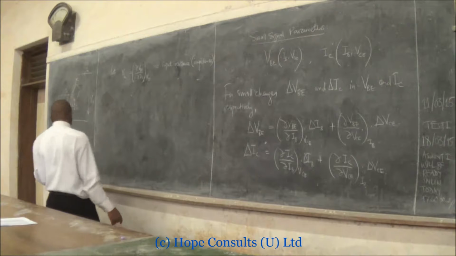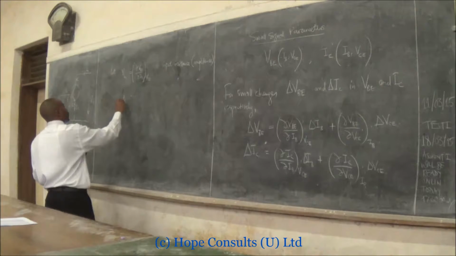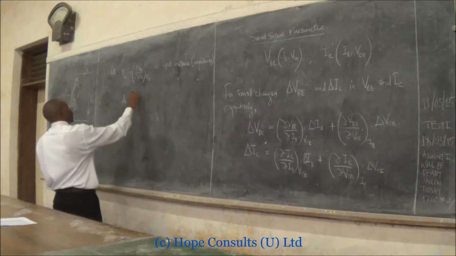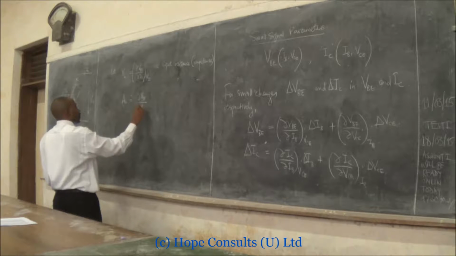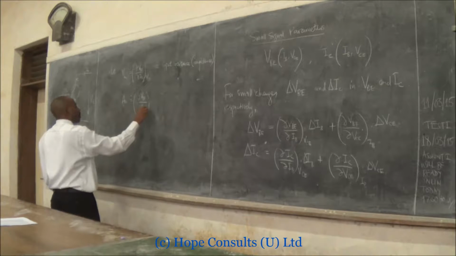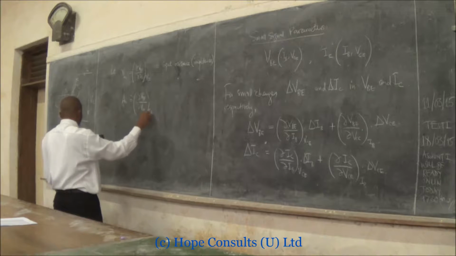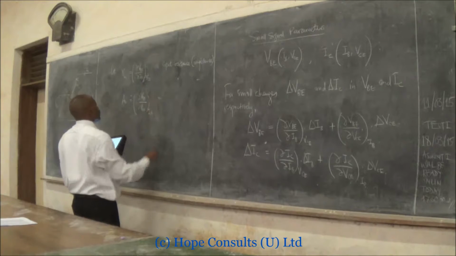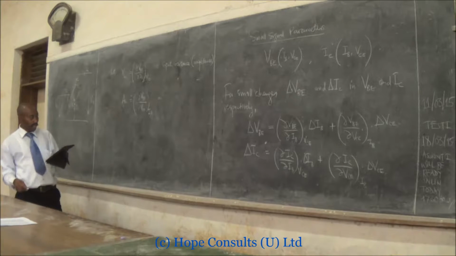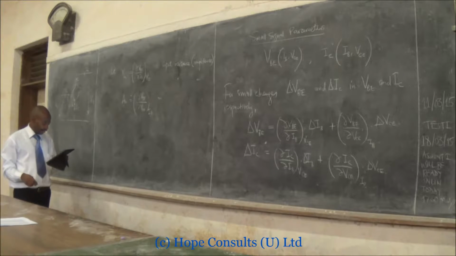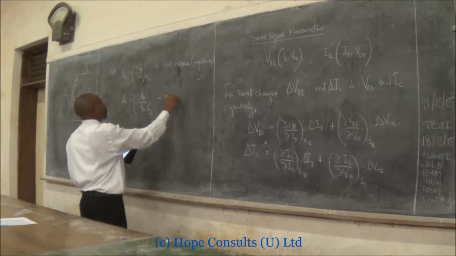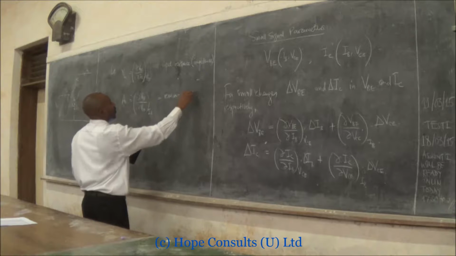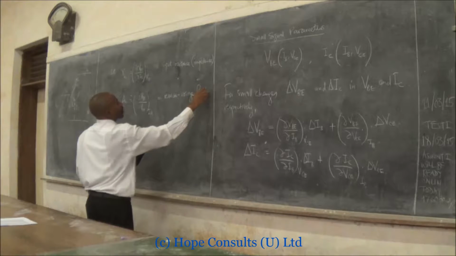So we have our AR is equal to ∂VBE by ∂VCE, keeping our base current constant. And this would be the same as, since we are talking about VBE over VCE, reverse voltage feedback.